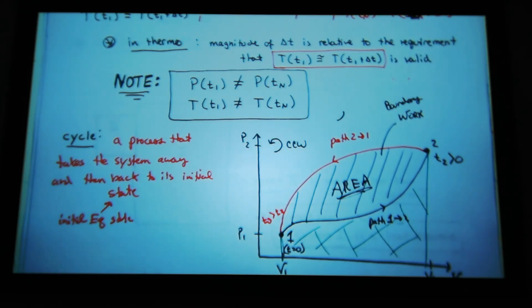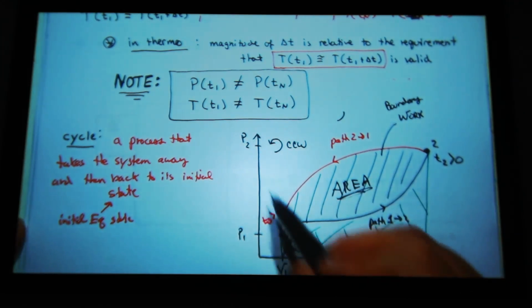Which way? Clockwise. Is the clock doing work on me or am I doing work on the clock? So clockwise represents work by the system. Now if I want to make that clock go in reverse, I have to do work on that seconds hand to make it go backwards. So I do work on the clock.